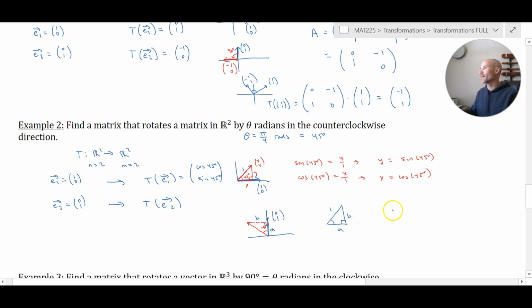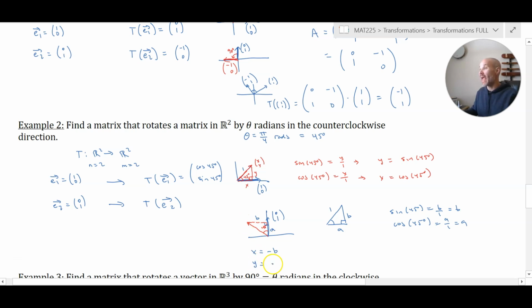So to solve for b, I could take sine of 45 degrees, and that's going to give me b over 1, which is just b. Cosine of 45 degrees will give me a over 1, which is just a. And now let me think about what x and y are here. Well, x is going to be the negative of whatever b is because it's in the second quadrant, and x's are negative over here.